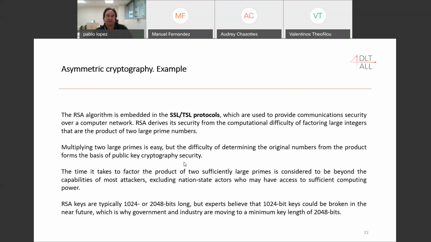But the difficulty of determining the original number from the product forms the basis of public key cryptography security. The time it takes to factor the product of two sufficiently large primes is considered to be beyond the capabilities of most attackers, excluding nation-state actors who may have access to sufficient computing power.